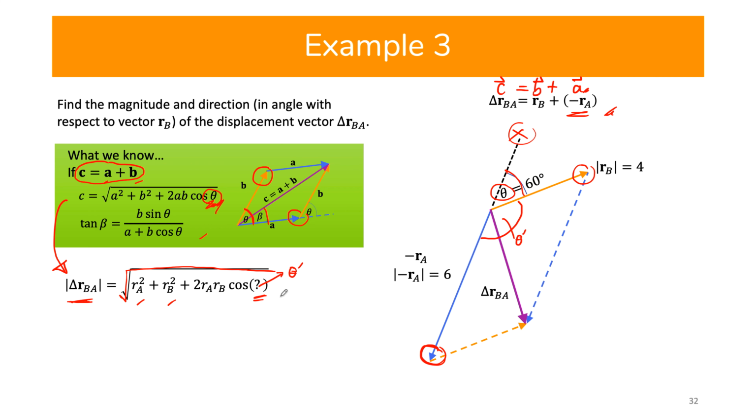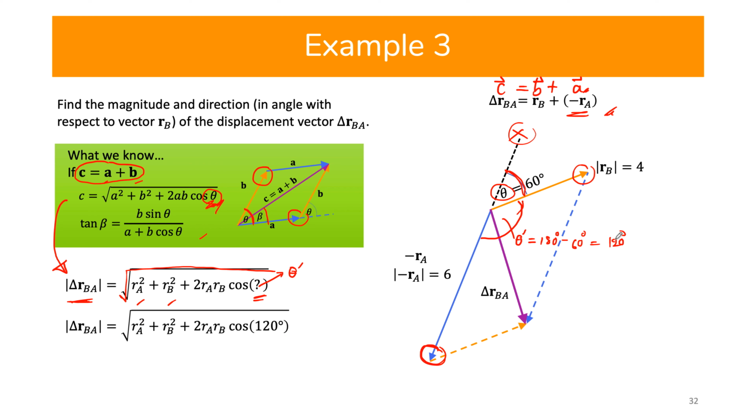And what is theta prime? We know that the angle of a line, a full angle, is 180 degrees, and theta already takes 60 degrees out of that. So this angle is equal to 180 degrees minus 60 degrees, which is equal to 120 degrees.